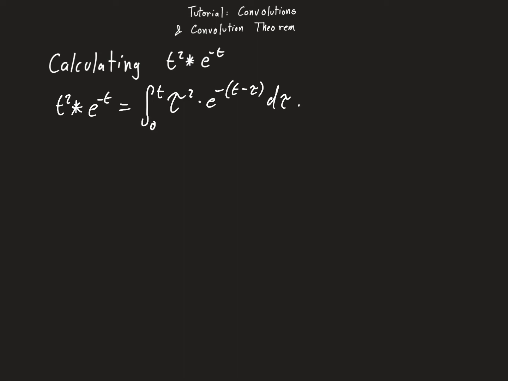Okay, so let's simplify this a little bit. We have a negative in that exponent. We can multiply it out, and we'll get that this is the integral from 0 to t of tau squared times e to the (tau minus t) d tau.